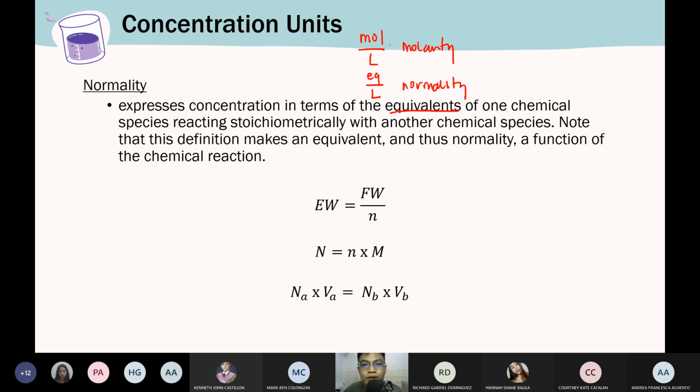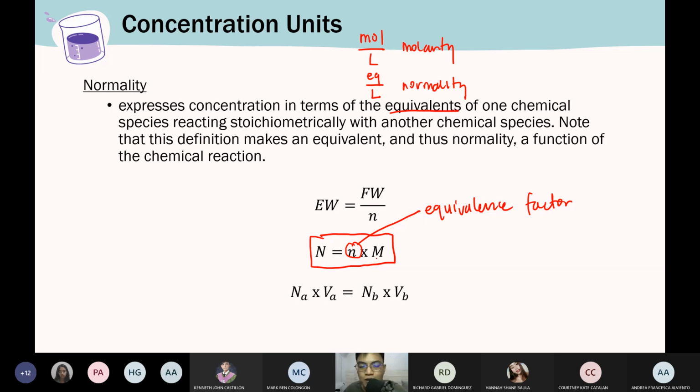So, hindi siya mole, na equivalent siya. And how will you convert the molarity to normality? Basically, you just multiply the molarity by an equivalence factor. So, ito yun. So, that small letter n is the equivalence factor. May ibang equation dyan, pwede kalimutan yun eh. Okay. Hindi natin sila gagamitan. Okay? So, that is the equivalence factor.